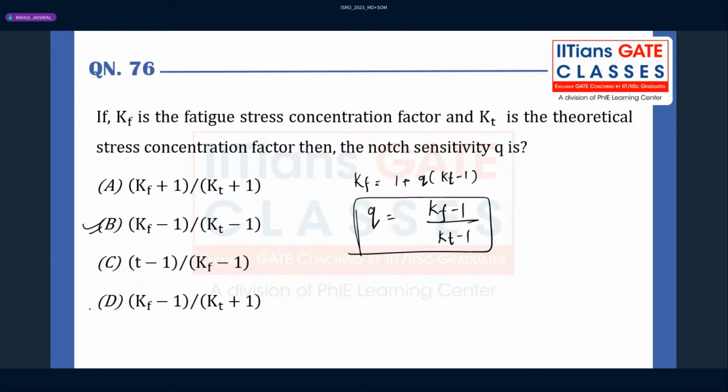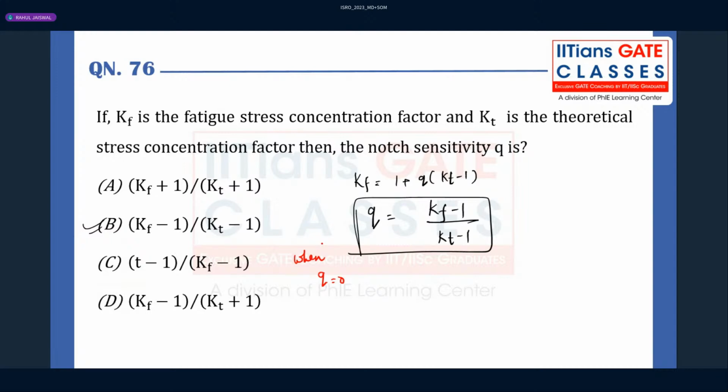The answer has to be B. But what is the meaning of Q? Notch sensitivity. Let us try to understand that a little, then move on to the next question. When Q is equal to 0, the notch sensitivity of the component is 0.